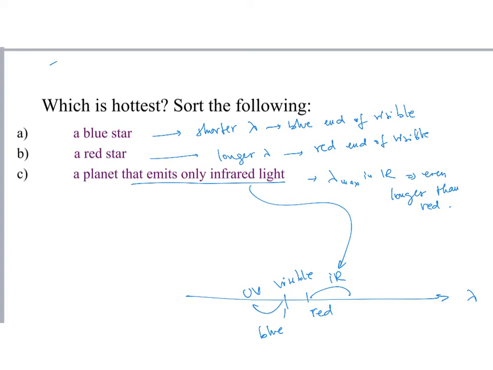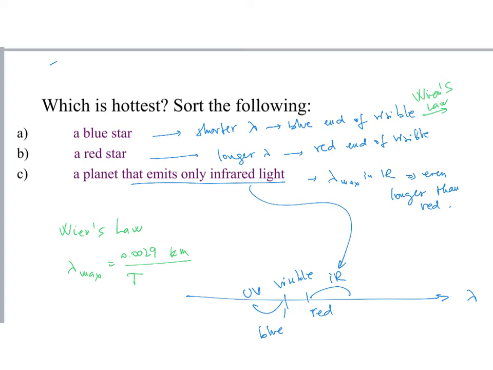So now we're going to use Wien's law, right? Let's remind ourselves what that is. This says lambda max is 0.0029 Kelvin times meter divided by the temperature in Kelvin.